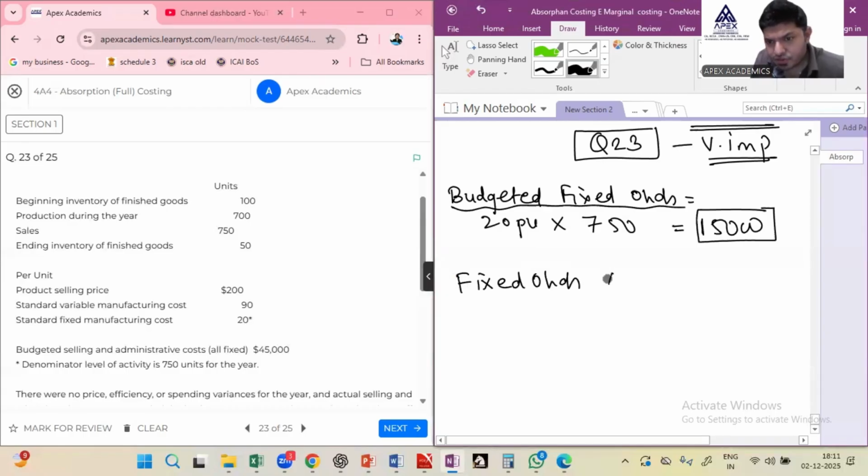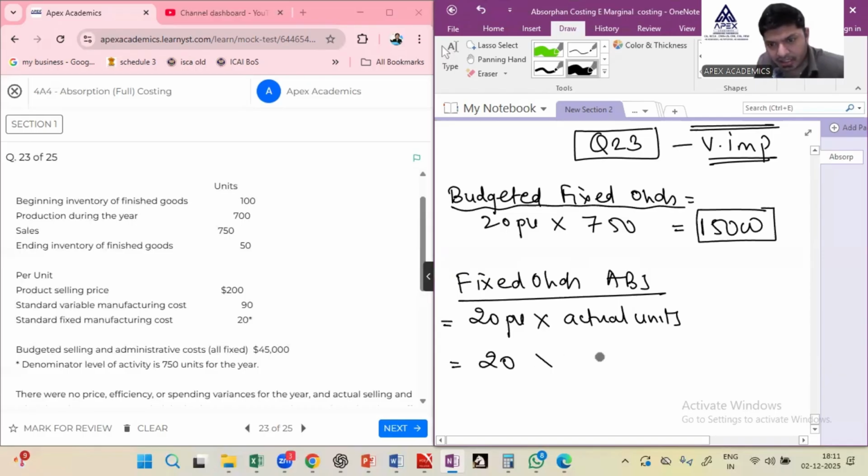Please try to understand what my fixed overheads absorbed are. The absorption rate is 20 per unit, and fixed overhead absorbed is standard rate multiplied by my actual units, which is 20 multiplied by 700, equal to 14,000.